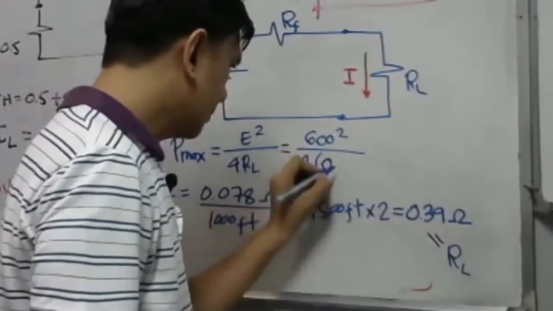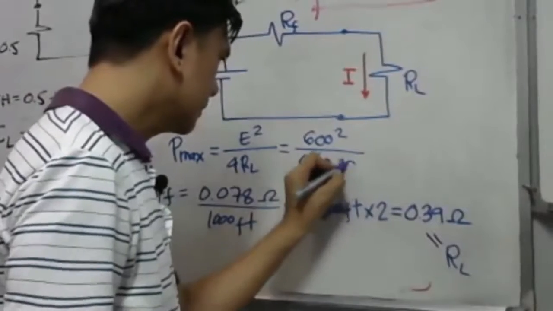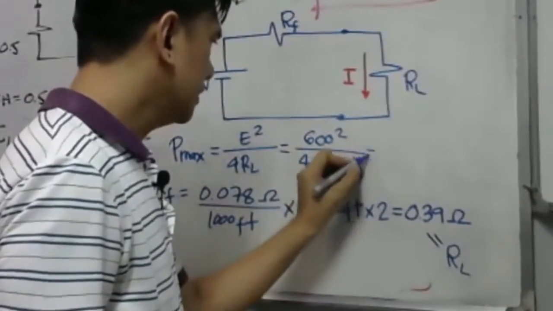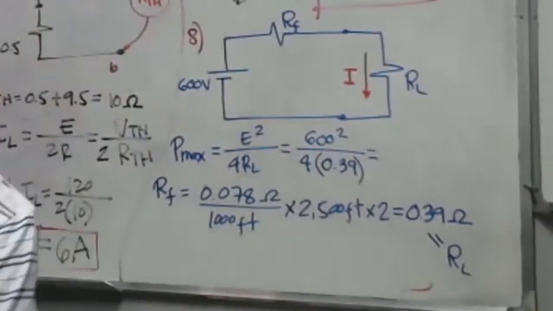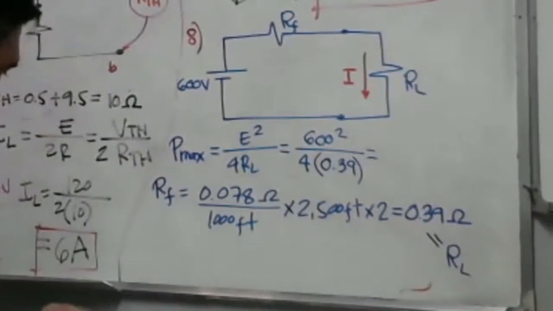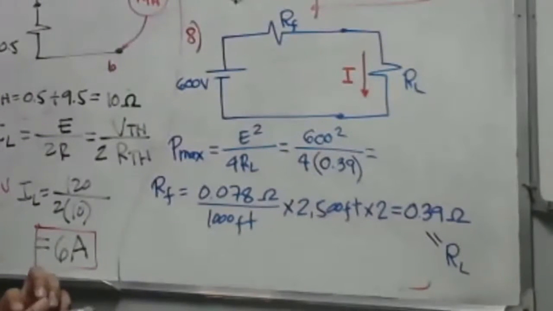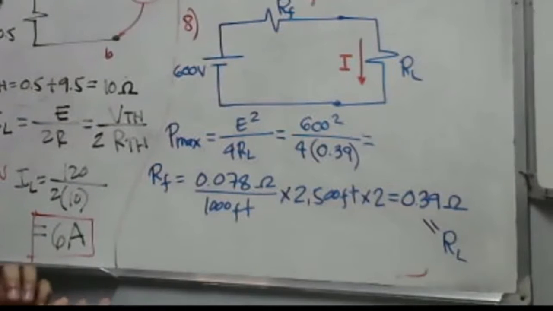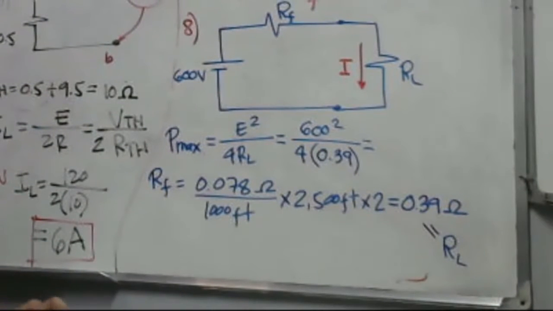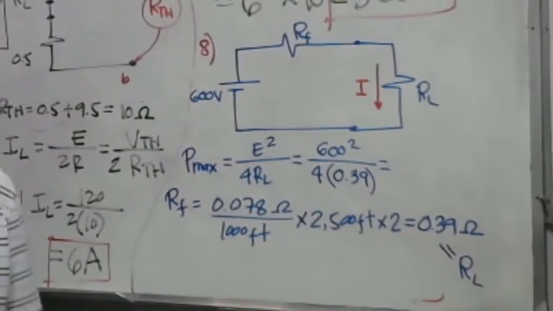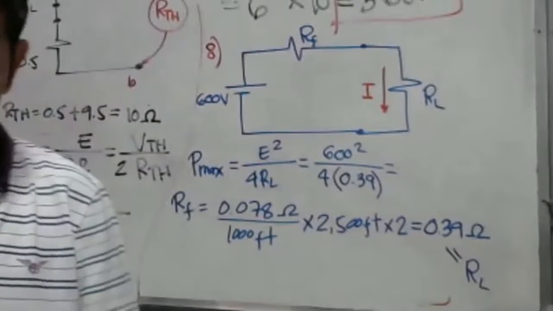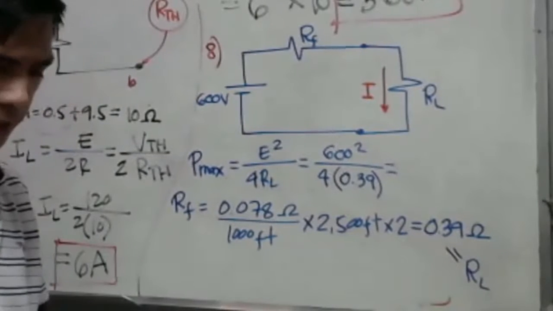RL. So we have 0.39. So it is equal to what? We have 600 squared, then divided by 4, divided by 0.39. So we'll be having this value. Well, the choices are in kilowatts, so we have to divide it by 1,000.